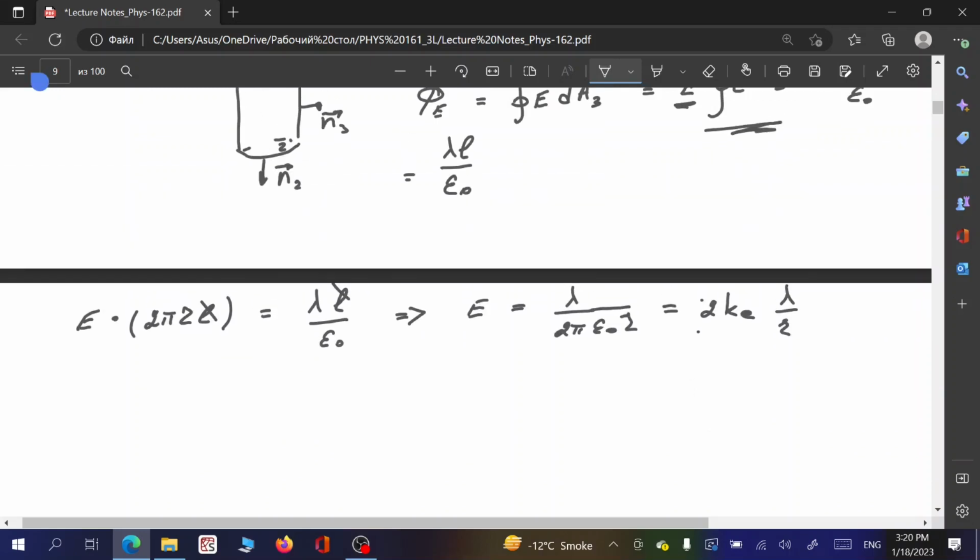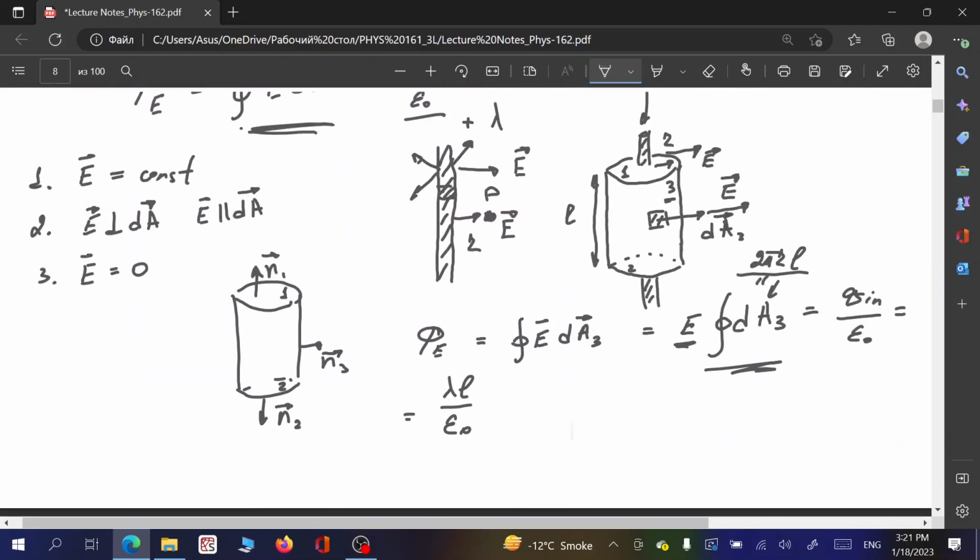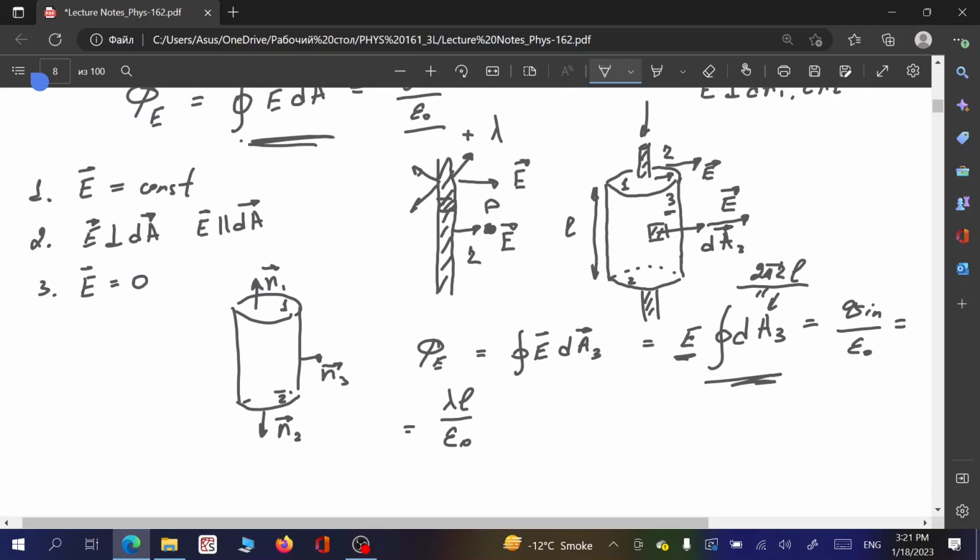Yes, sure. It doesn't matter how long the wire is. As you see here, we cancel out the length. So it's actually not about wire length. It's about the segment of the wire which we consider, because that's the length of the cylinder, not of the wire. The wire is infinitely long.